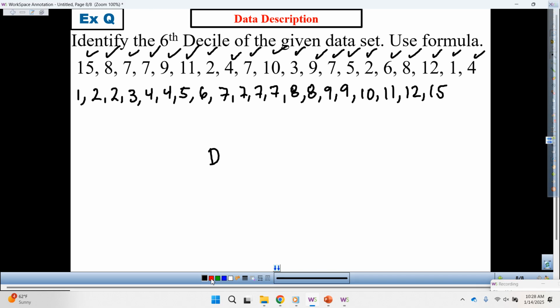All right, let's do this. D of K equals K over 10 times N plus 1. I'm going to change the N to green. So let's substitute values. What is our K?